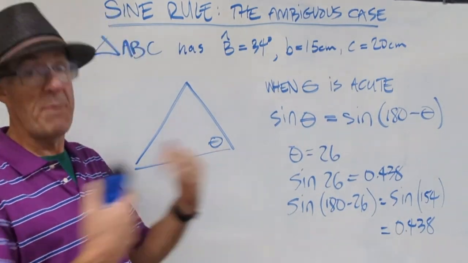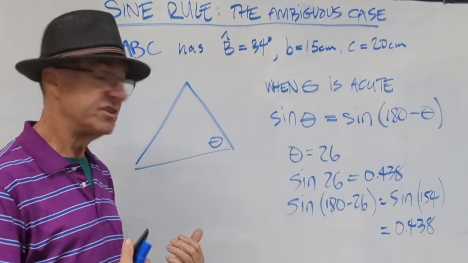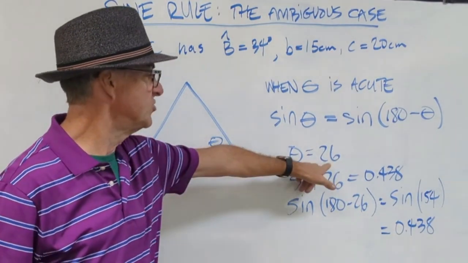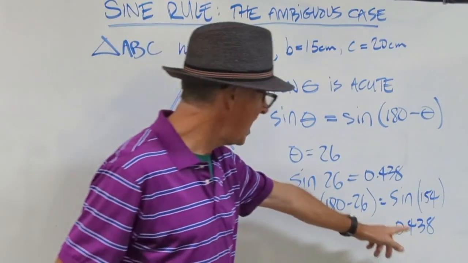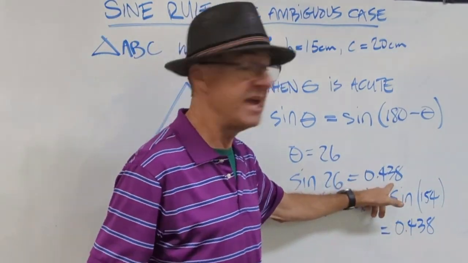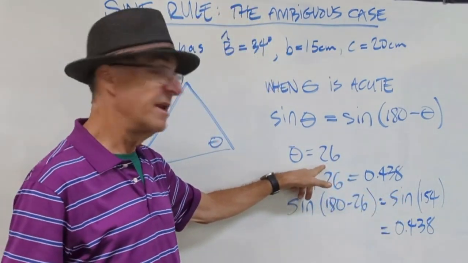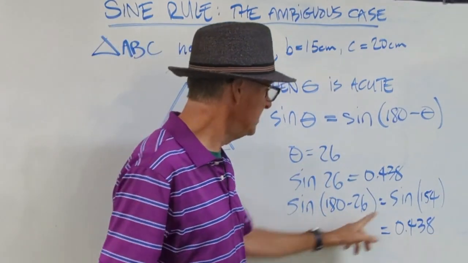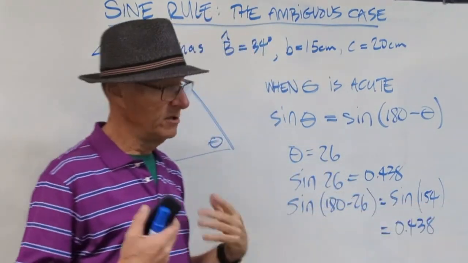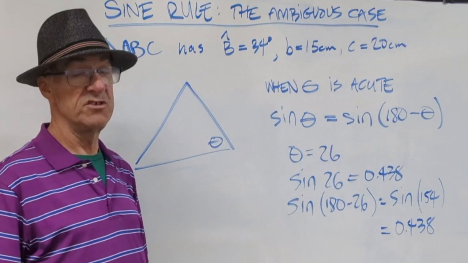But when you go backwards to find angles, it's always going to revert to 26. So if you did sine inverse of 0.438, you're going to get 26. But if your angle in actuality was 154, your calculator's not going to show that to you.